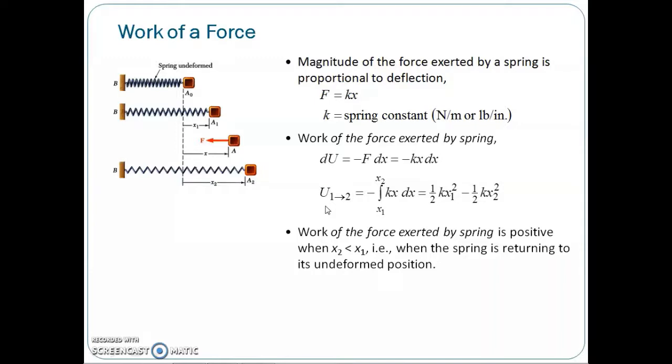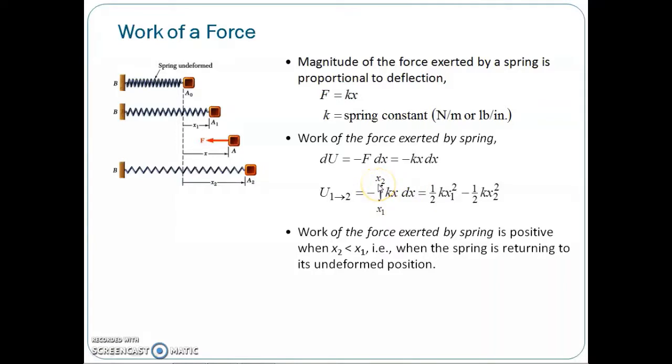And when the spring or the body itself is deformed in this direction, or when the spring is being compressed from its undeformed position, the work of the force exerted by the spring U1 to 2 will be, with the negative sign removed, the integral of kx dx from x1 to x2.